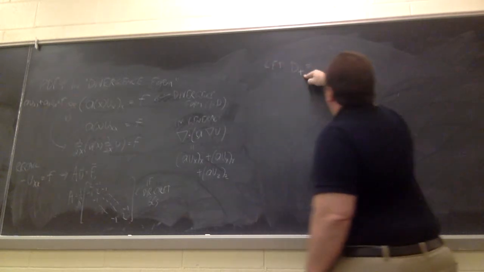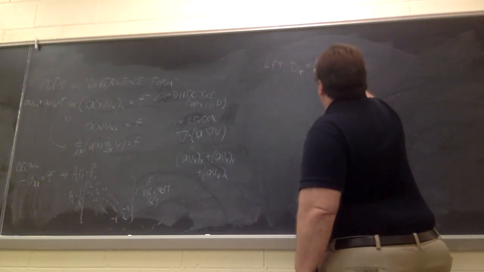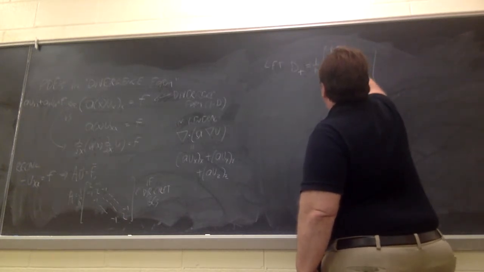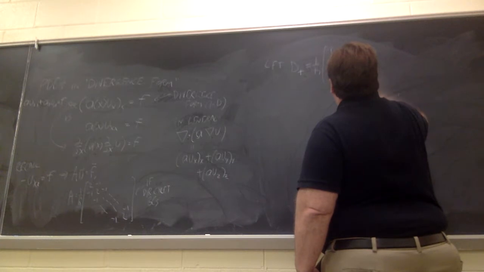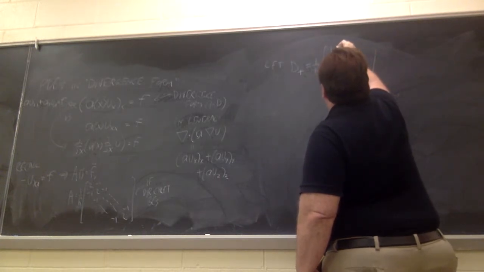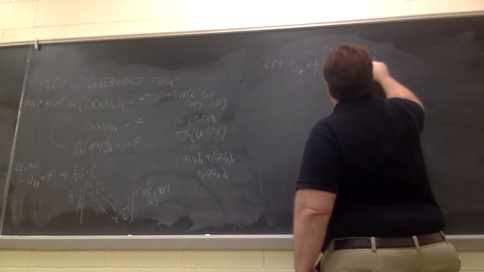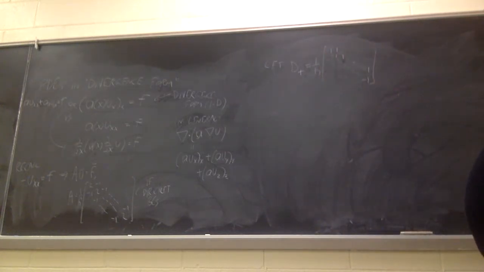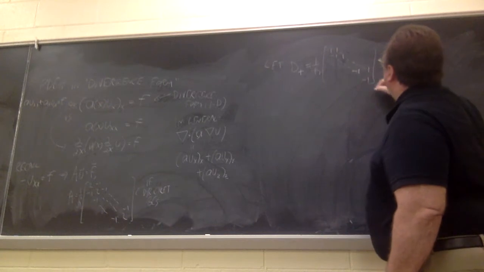I can define D plus to be this matrix where I have minus ones along the diagonal and then ones above. And that's it. Everything else is 0. Okay, so there's minus 1 to the left of this.